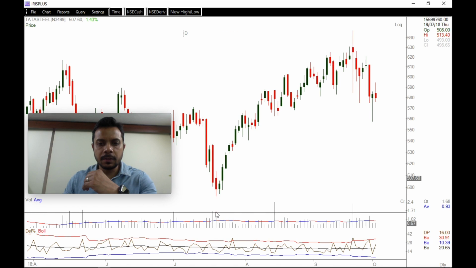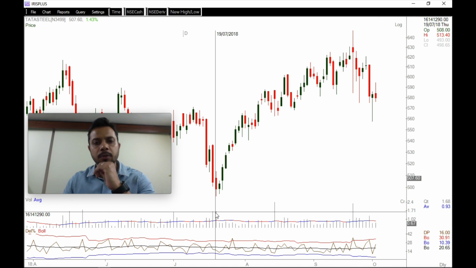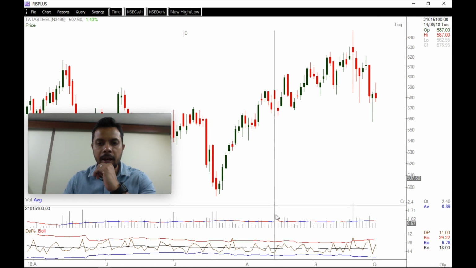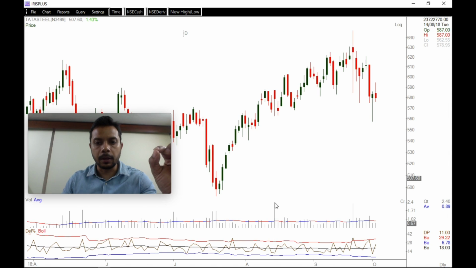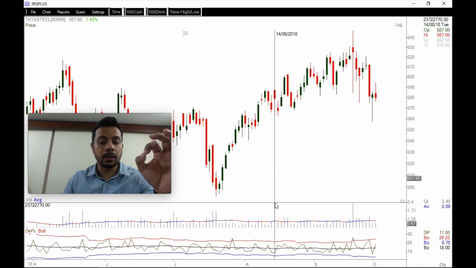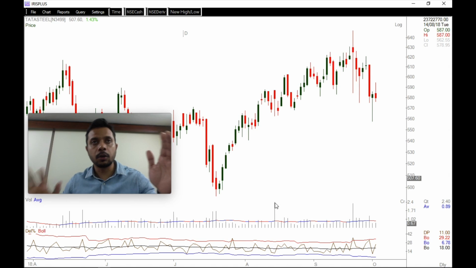So these kind of days where your volume histograms are significantly higher than the average means on this day, particularly high volume day. But high volume does not necessarily mean that it's going to give that thrust, the push to the uptrend or the downtrend. Theoretically, when you read basic books on technicals, you come across this, that higher the volumes, better the move.